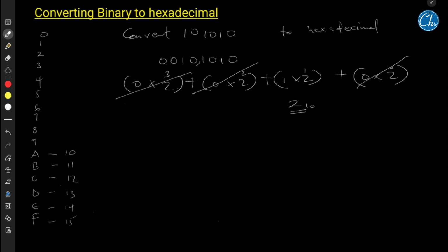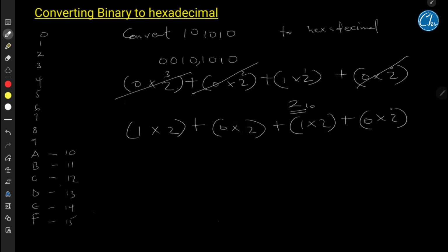Now let's take the second group and apply the same positional notation. So we open the same number of brackets. So the second group we have 1 0 1 0 times the base raised to the power 0 1 2 3.